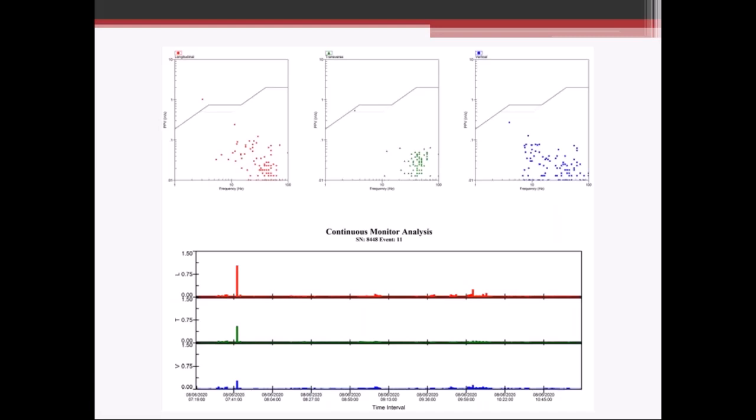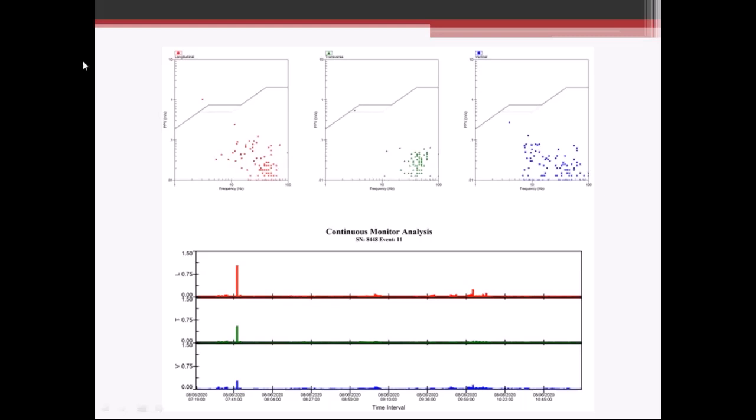This is another histogram event, histogram recording mode. And here it's plotting each one of those 1 minute intervals on the US Bureau of Mines standard. That's this stair-step curve right here. We're going to talk about that a little bit later. But everything below this threshold value is considered safe.